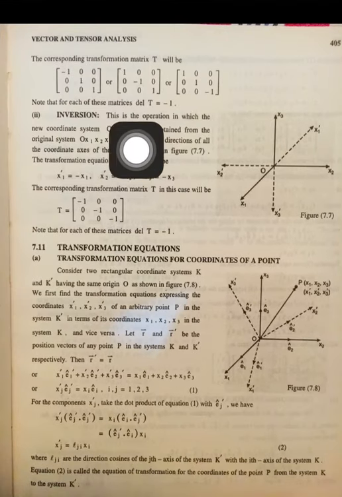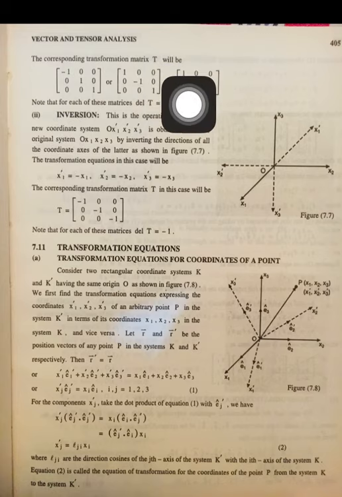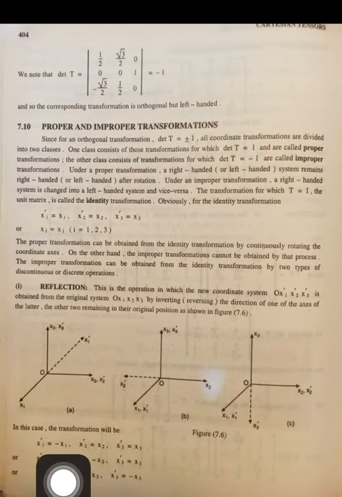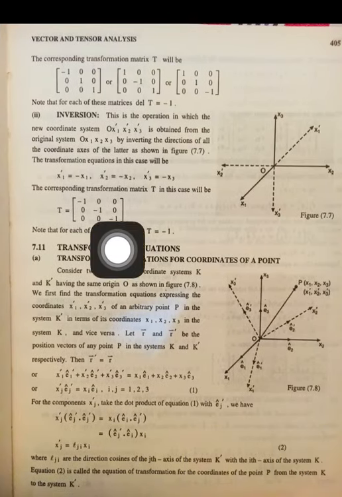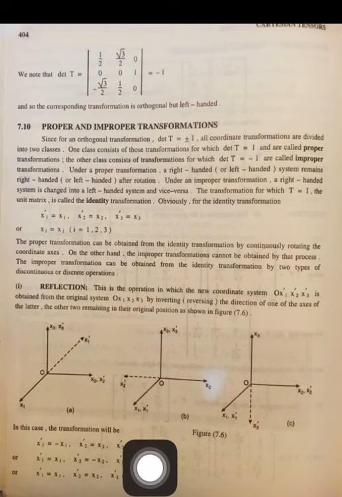Now the corresponding transformation matrix T will be this one. If I write these equations in the form of matrices, in place of this I can write minus 1, 0, 0, and in place of this 0, minus 1, 0, and 0, 0, minus 1.